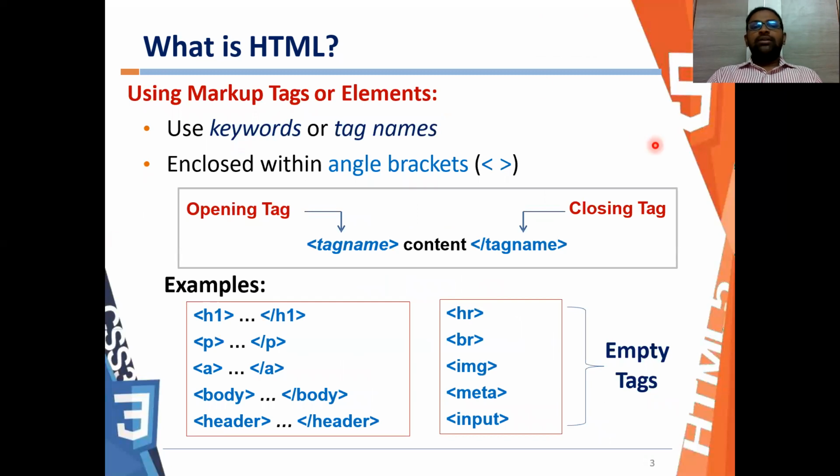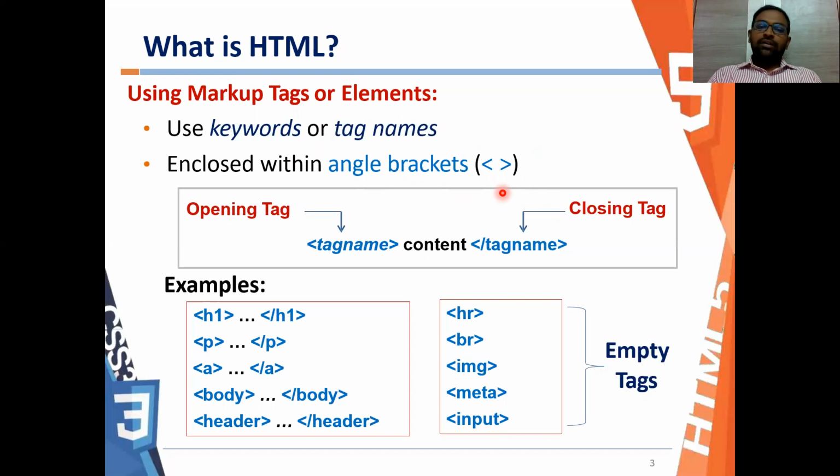We already said that HTML is a markup language which always has keywords or tag names, usually indicated in angular brackets. Most of the tags, 99% of tags, will have an opening tag and a closing tag.